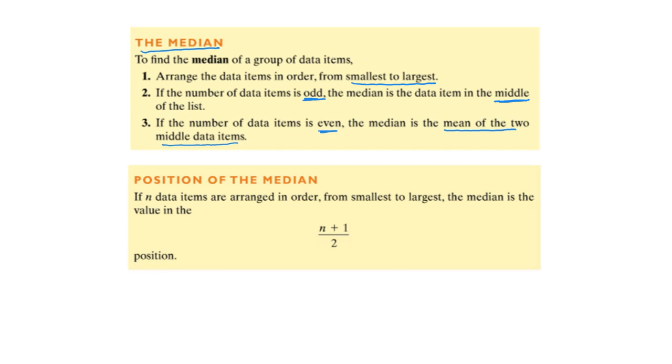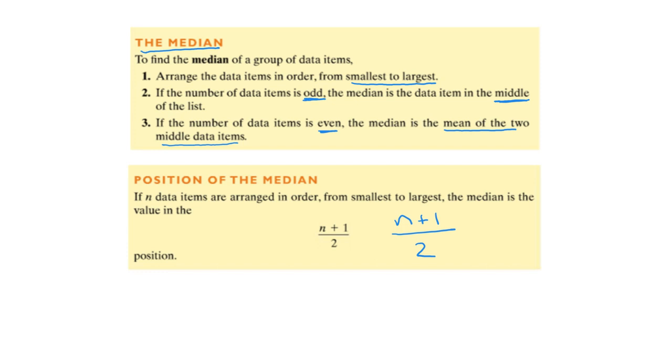If you want to find the position, in other words, when you place your numbers from smallest to largest, you have the first number, the second number, third number, and so on. If you want to know what the position is, you take n, which is the number of values you have, plus 1, divided by 2. This will tell you what placement to look at.